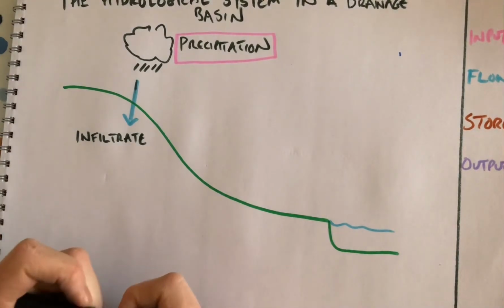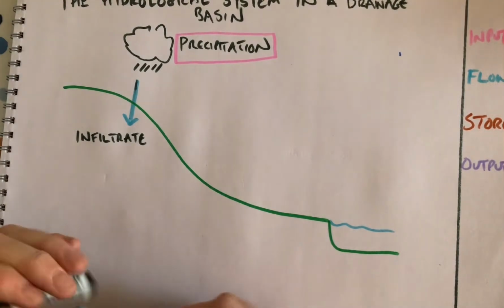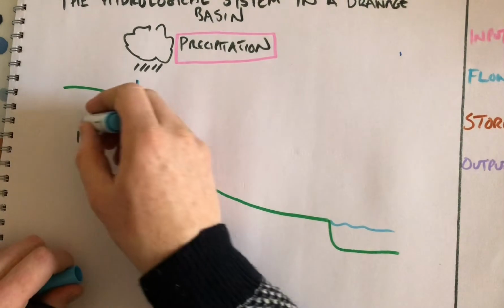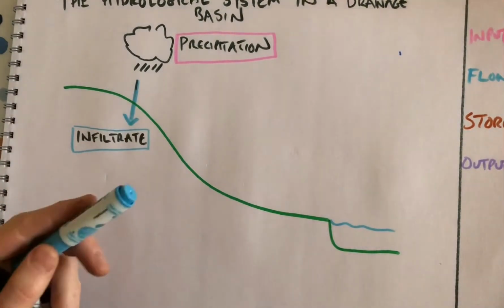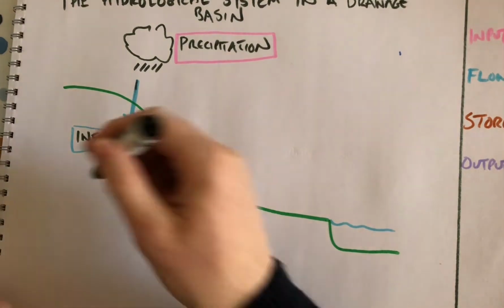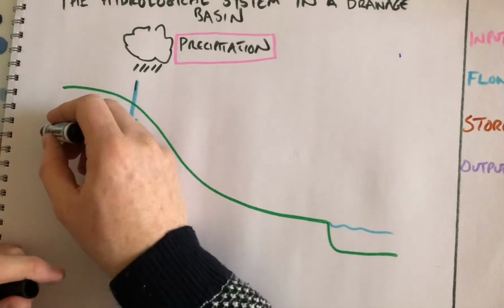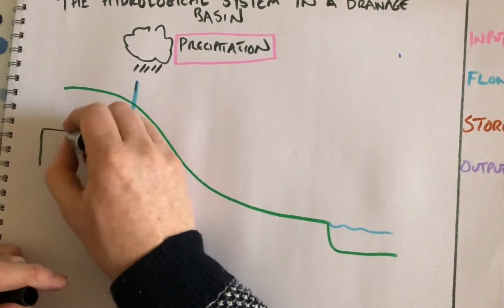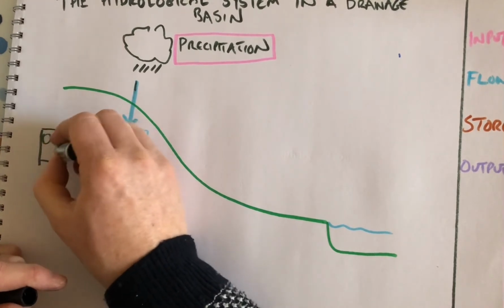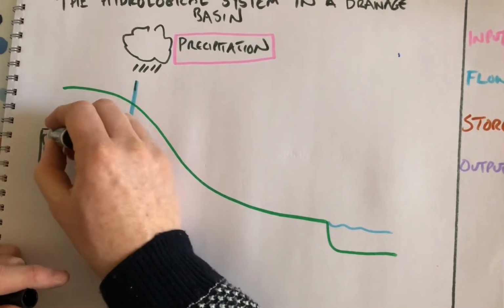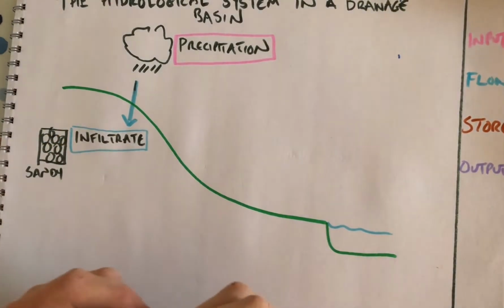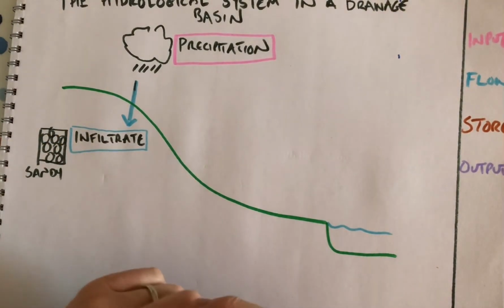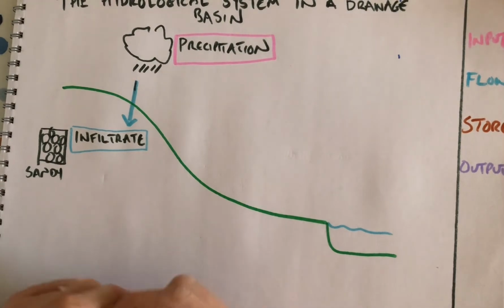So infiltration is a movement of water that goes from the surface into the soil. Now, depending on what the texture is like, so if you remember before, where we've got really sandy soils, then the infiltration rates are going to be really, really rapid.